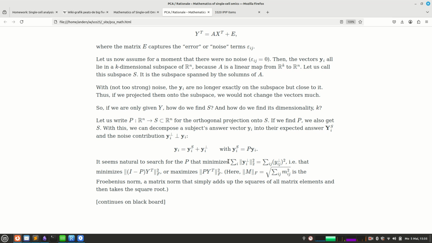And just because we will need this a lot, I will keep here a list of what our index means. So i are the subjects, the people who answer this. Each column is now a subject, and the rows are the questions.